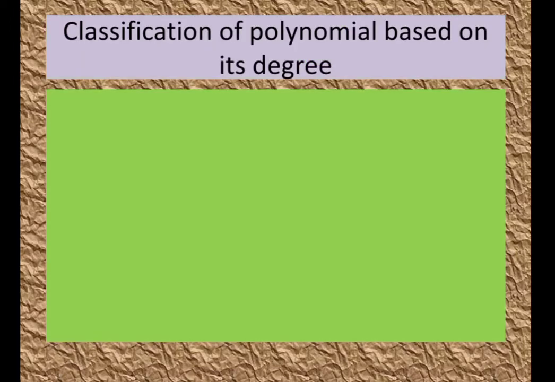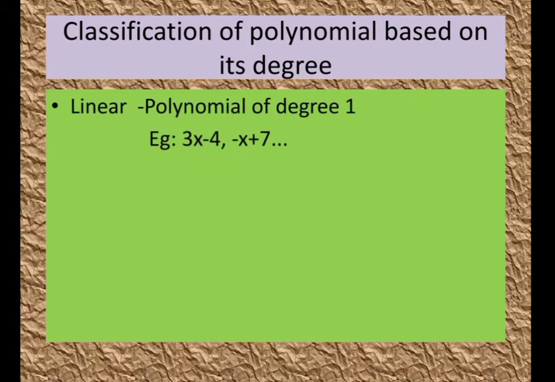And polynomials can be classified based on their degree. If the degree of the polynomial is 1, for example 3x minus 4 or minus x plus 7, the degree is 1. The special name for this polynomial is linear polynomial.